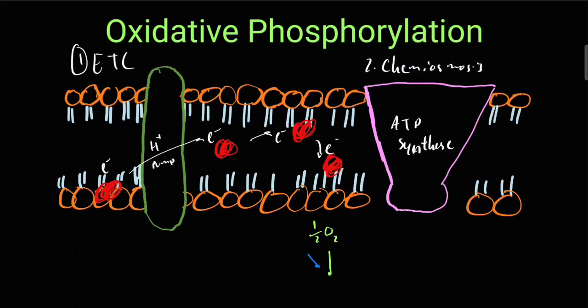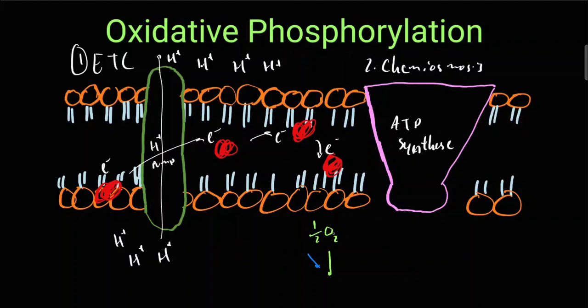Now, as I said before, electrons are made, but also protons are made. So protons will also go through this proton pump and go into the intermembrane space. So protons are made, and it goes all the way up, and this creates a gradient, right?